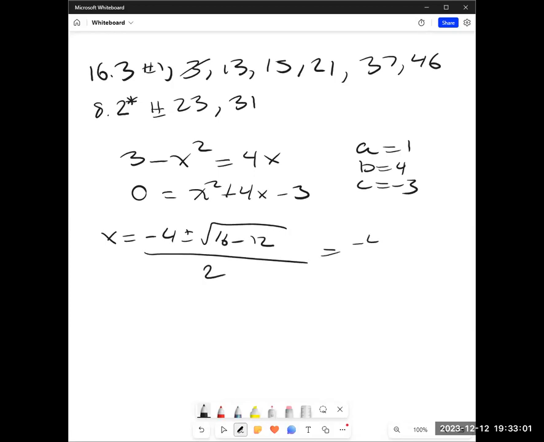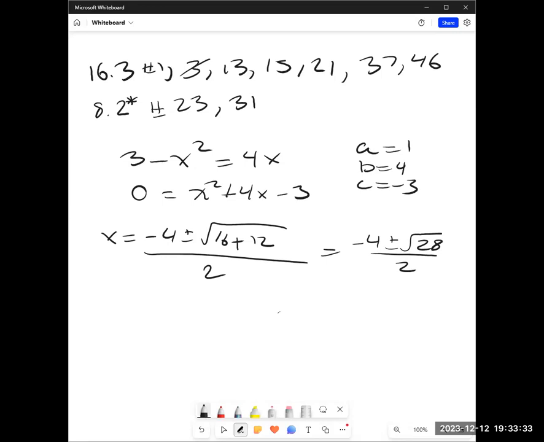Is negative 4 plus or minus root 4 over 2. Because this is a perfect square, I could have factored this. Sorry, minus 4ac, that's plus. This was not factorable.